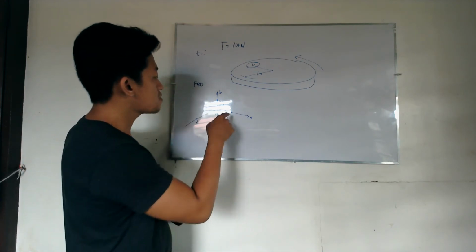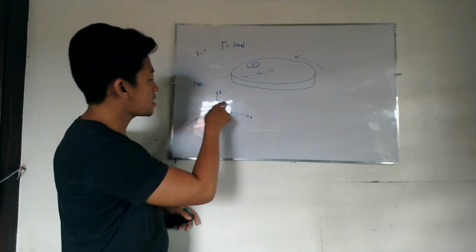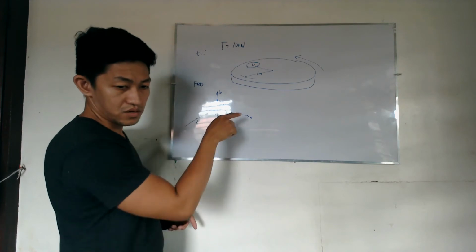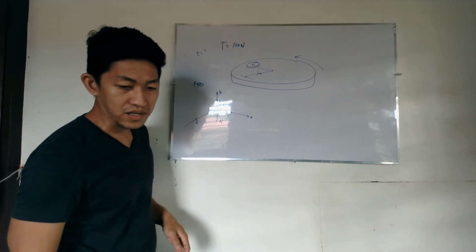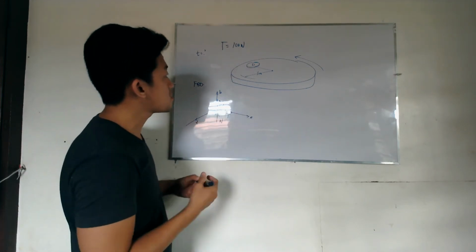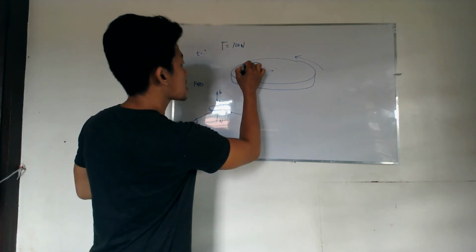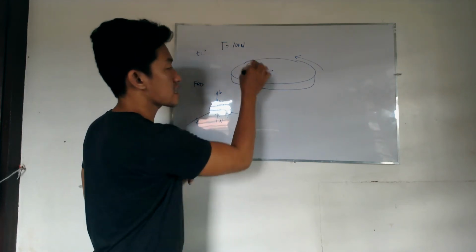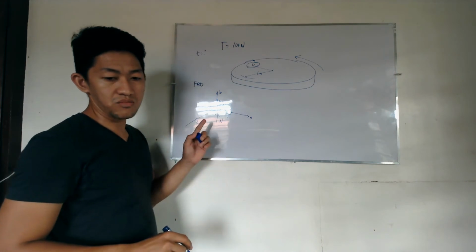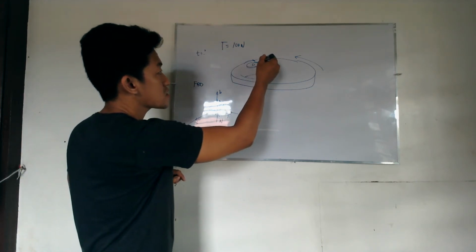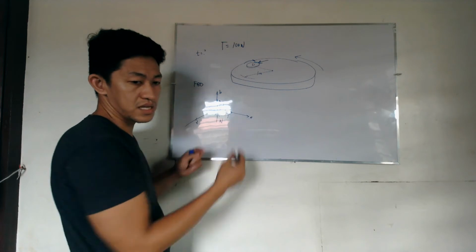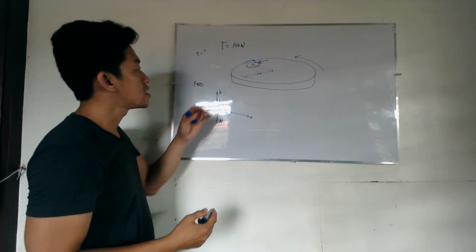So if the platform is rotating counterclockwise, the disc must be rotating clockwise. So the frictional force will oppose the clockwise direction of the disc.